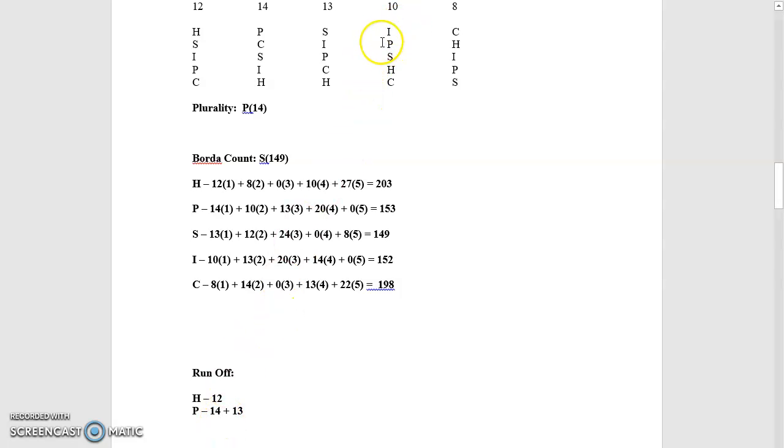Here, the I goes away, so P is above H, so P gets those 10 first place votes. And here, H is above P, so H gets those 8 first place votes. So H has a score of 20, and P has a score of 37. Therefore, obviously, P wins with the score of 37.